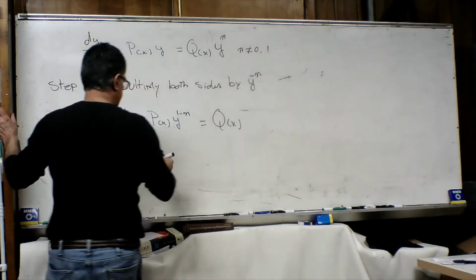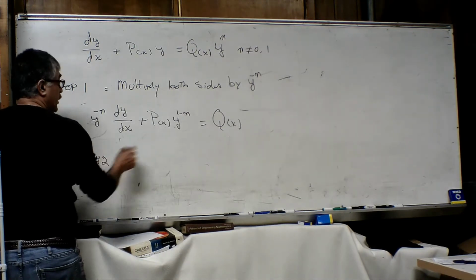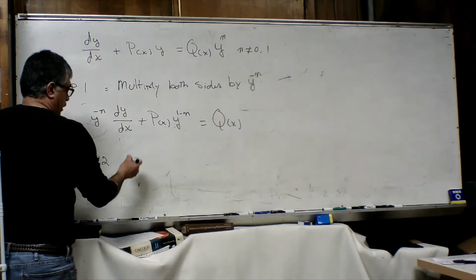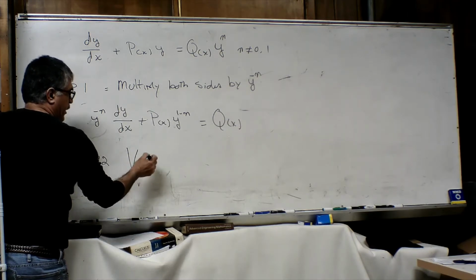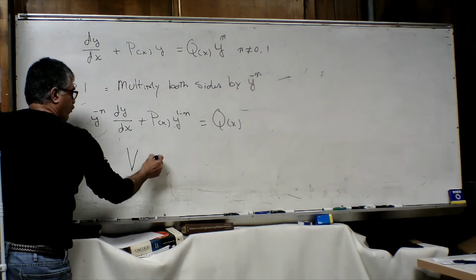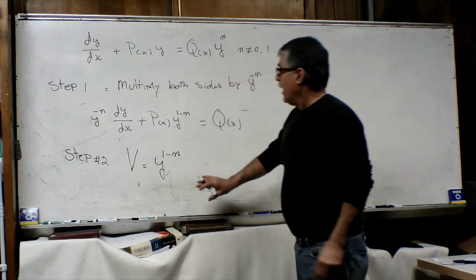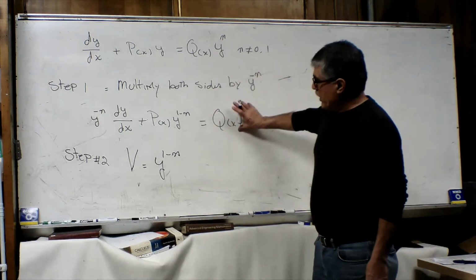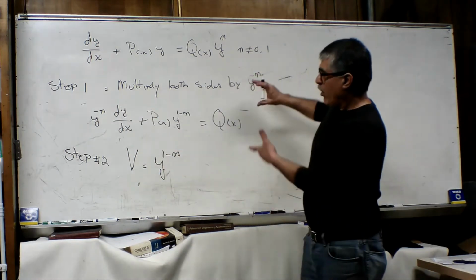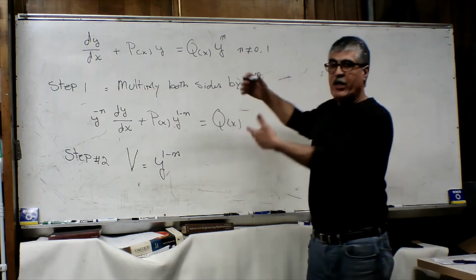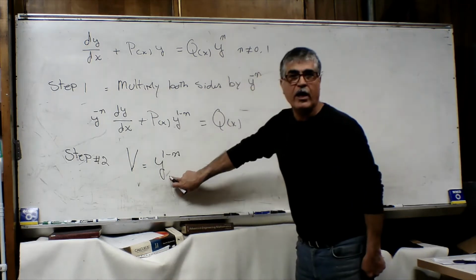Then our second step, step number 2, is to assume v equal to y to power 1 minus n, and transfer this equation in the form of dv over dx, then solve that equation by finding the integrating factor, then come back to this assumption and solve for y.